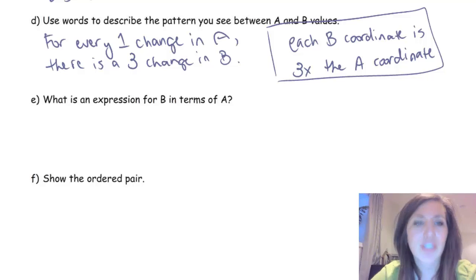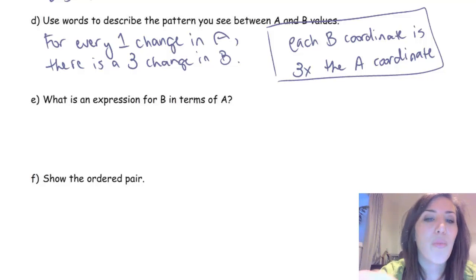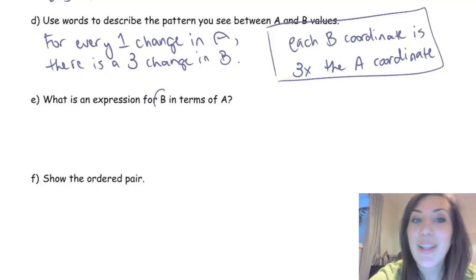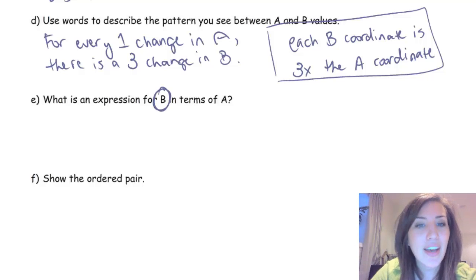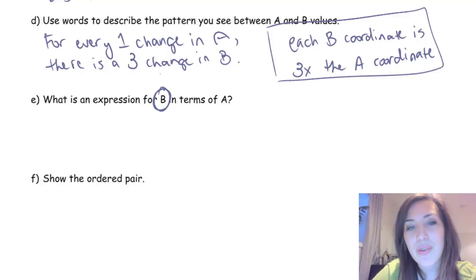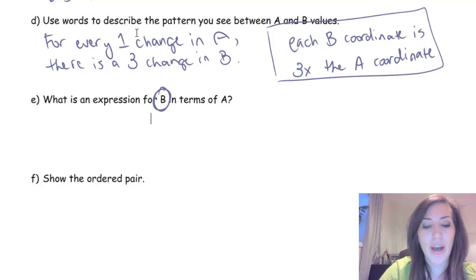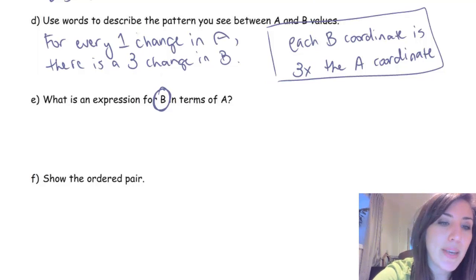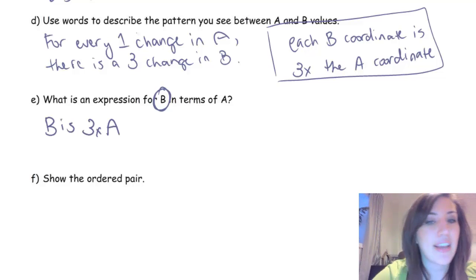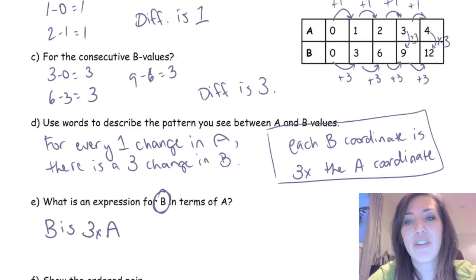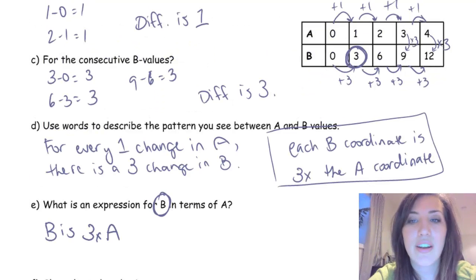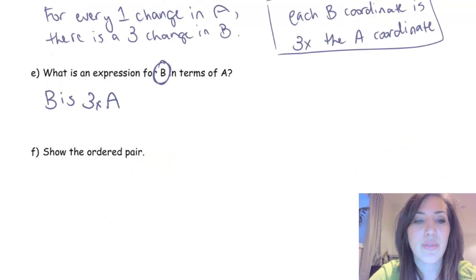What's an expression for B in terms of A? That's a really tricky question the way it's worded. So basically what I want to say is, what if I'm not allowed to say the letter B? How could I tell you what B is without using the letter B? Well, I know that B is 3 times each A, because if I want to figure out this value here, I would take the A and I would times it by 3. 1 times 3 is 3.